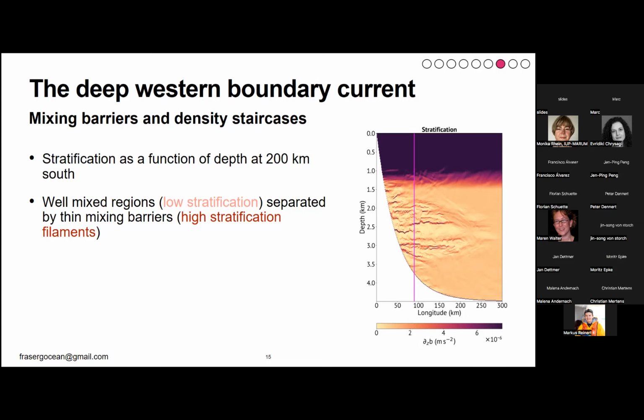And we don't see that 200 kilometers south of the equator. In fact, what we see is these large, well-mixed regions separating these thin, high stratification mixing barriers. And we suspect that these barriers are being formed by the excitement of symmetric instability.